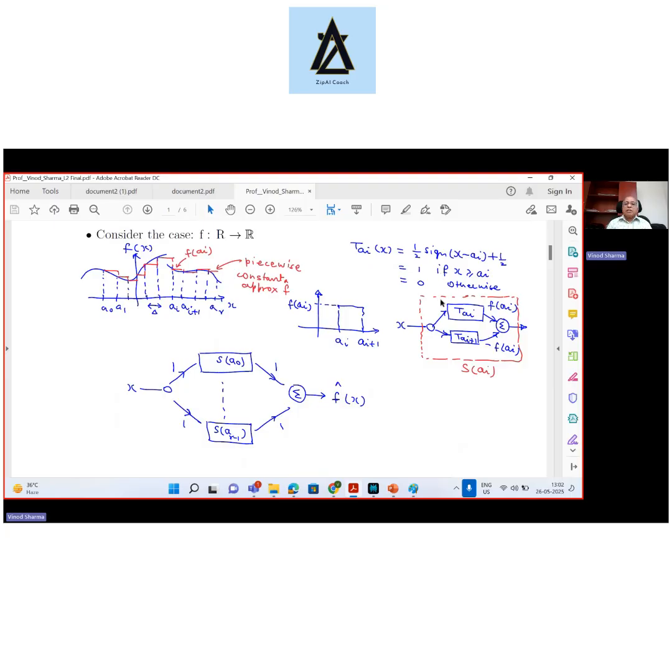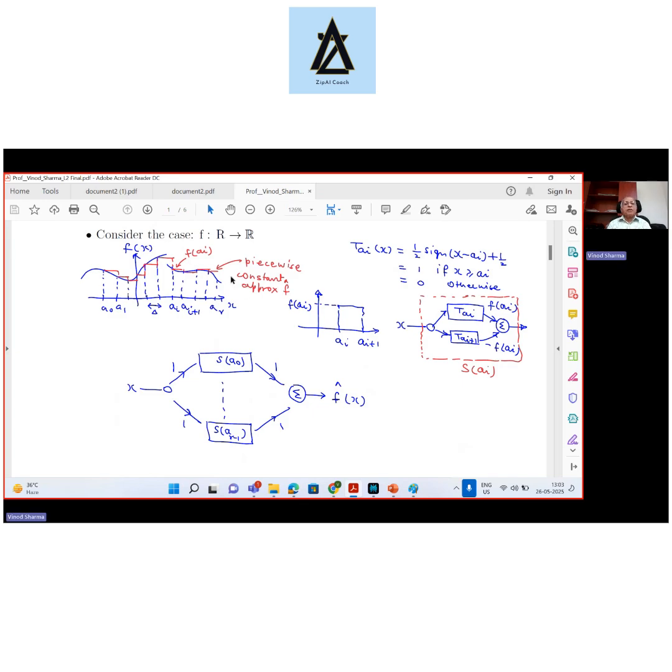And now this function that we have given here is implemented via the neural network given here. x enters as the input here. This is the input layer. Then t_ai and t_ai+1 are two boxes of neural networks, each one implemented this way. And then they are multiplied by f(ai) and minus f(ai), summed, and the output here will be this function f_ai.